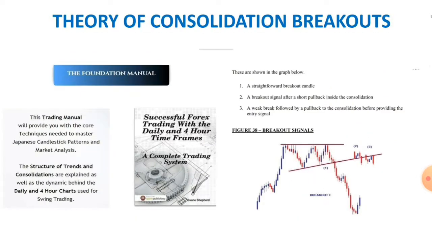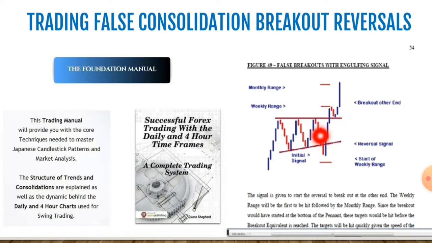So if this is in a strong uptrend, then it is likely that that will be the reason for this breakout failing, which would give way to the reversal and the movement in sync with the main trend direction.